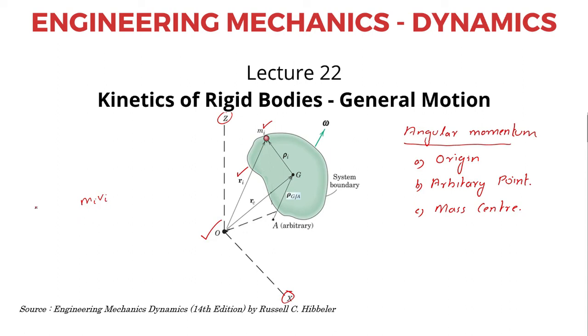So the angular momentum of that particle will be r_i cross m_i v_i, where r_i and v_i are vectors. If I take the sum over all the particles, I get the angular momentum of the rigid body.